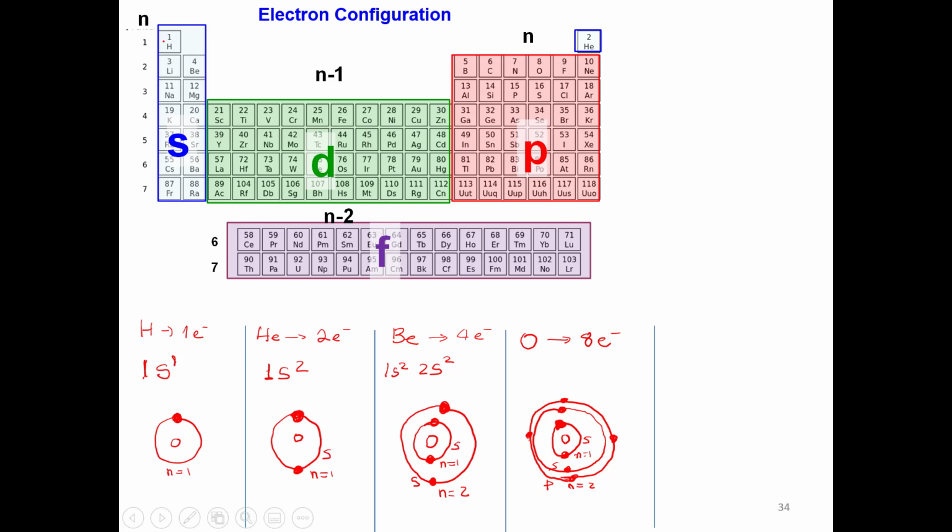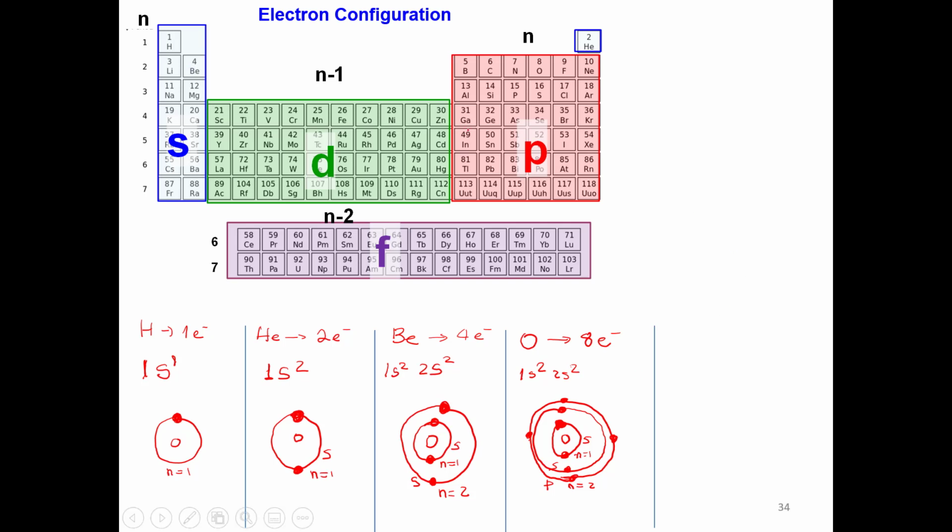Then this shell is 1s2, this one is completed. Move to the next one. 2s2: 2 S group, 2 columns is 2s2, completed.